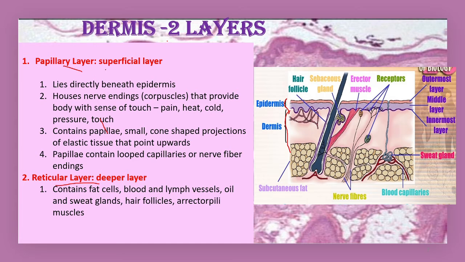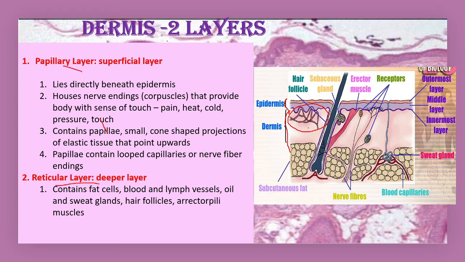The superficial region is the papillary region, and this is made up of loose connective tissue. It has finger-like projections that push into the epidermis. Here you can see these finger-like projections pushed into the epidermis, and these projections give the dermis a bumpy surface and are responsible for the patterns we have on our fingertips.